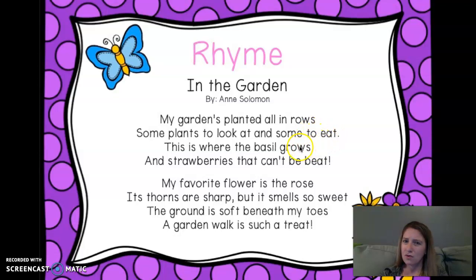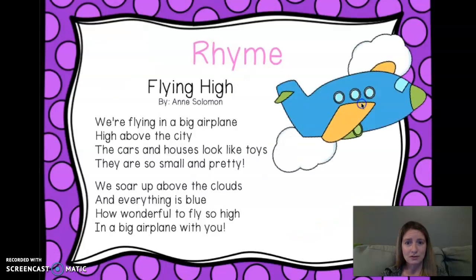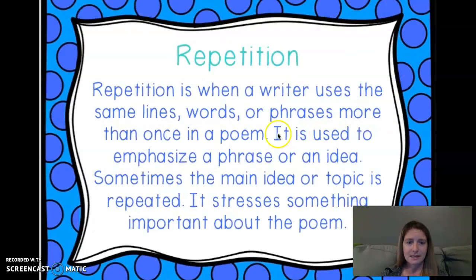Eat, grows, eat, and beat. Yep, that rhymes. So notice it skips a line. Rose rhymes with grows, eat rhymes with beat. Down here, rose and toes rhyme, and sweet and treat rhyme.